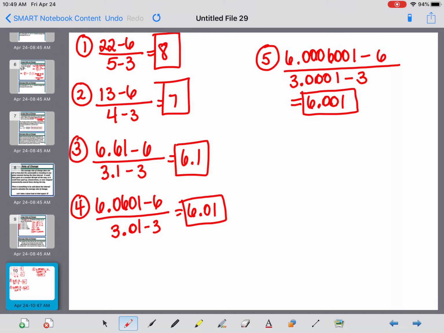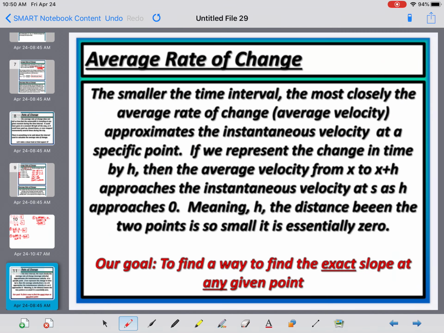Okay, so I want you to make an observation right now and make a connection, if you can, between the length of the time interval and the average rate of change, and what the meaning for the average rate of change actually is. So pause your video, see if you can write down some sort of statement about the connection between the time interval and the average rate of change.